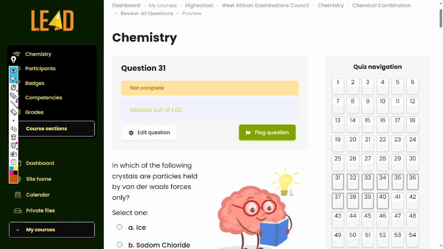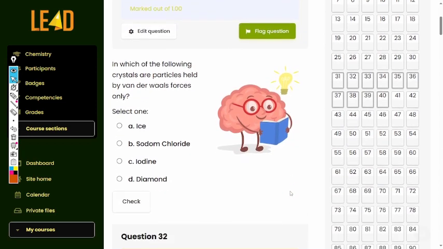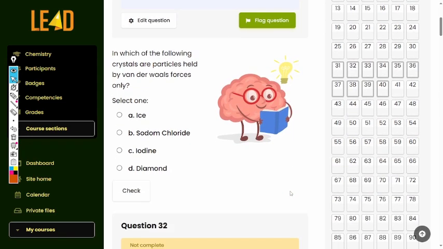Question 31. In which of the following crystals are particles held by van der Waals forces only? Let's see. Ice is the solid form of water, and the water molecules are held together by hydrogen bonds, so A is not the answer. B, you have sodium chloride. Sodium chloride is formed between sodium ions and chloride ions, and the bond between ions is called an ionic bond or electrovalent bond, so it's not B. Iodine: iodine molecules are held by van der Waals forces.